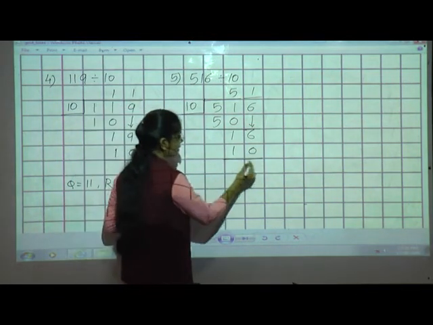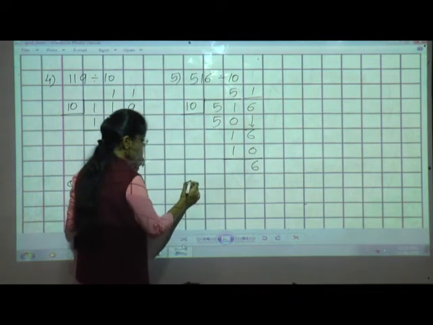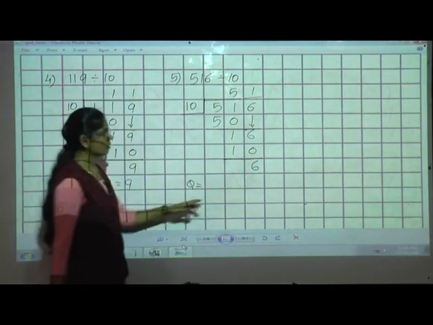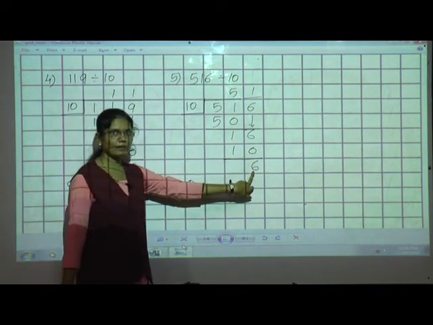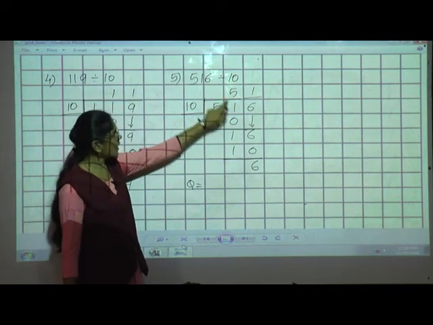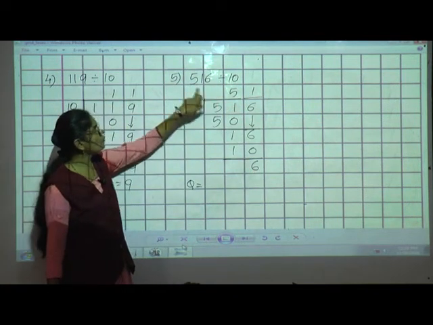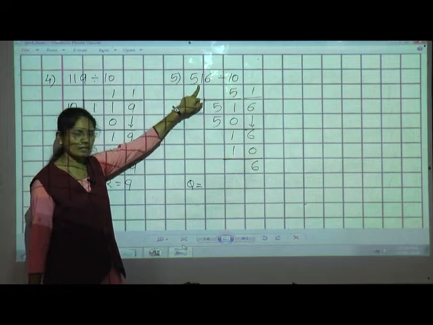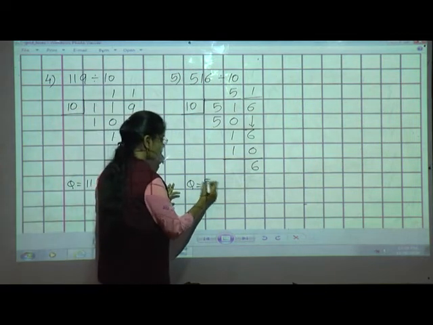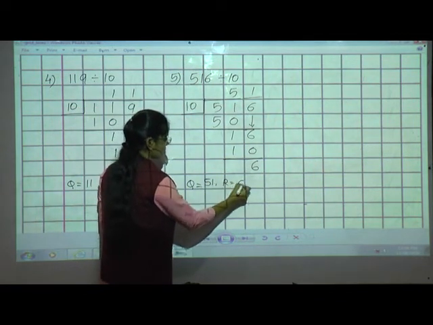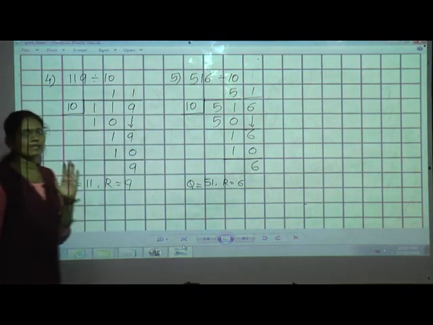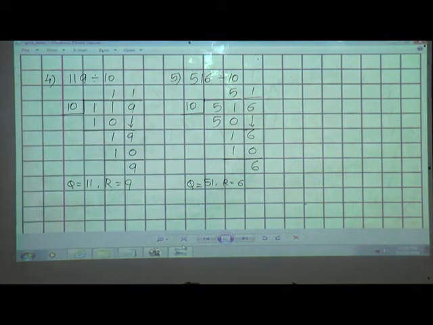Now 16 minus 10, 6. See, got the answer? Yes, remainder we got 6, and see the quotient 51. Here also 51 is there. So write here 51 and R is equal to 6. Means if the divisor is 10, then without solving also you can say the answer.